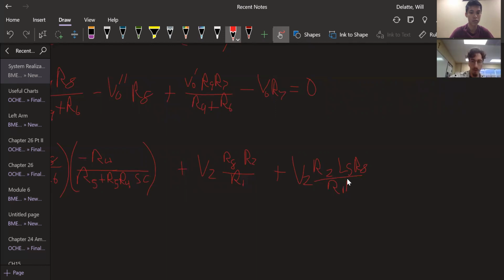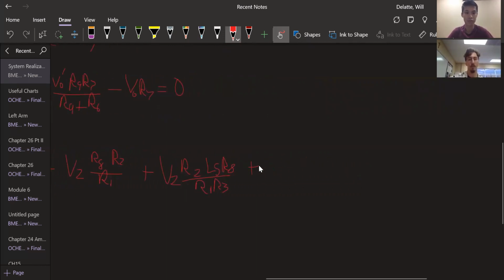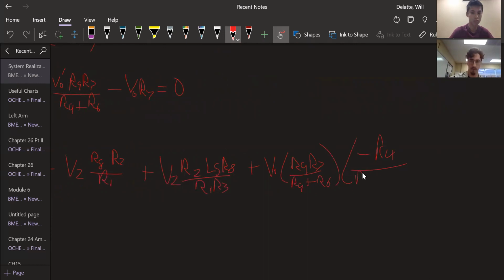Let's see, R1, R3. Moving on to our other term here, which is going to be a V1. And then a remainder from our original equation, R9 plus R6, multiplied by our next impedance, which is from our branch of R5 plus R4SC.